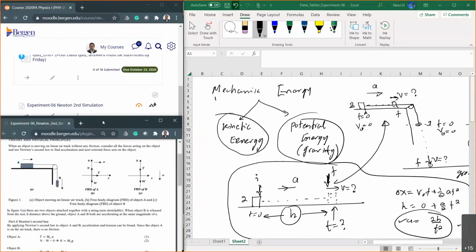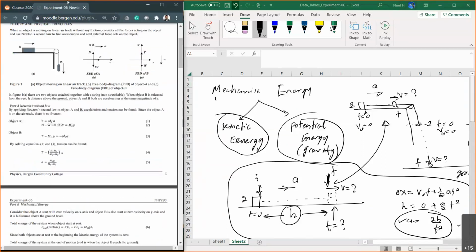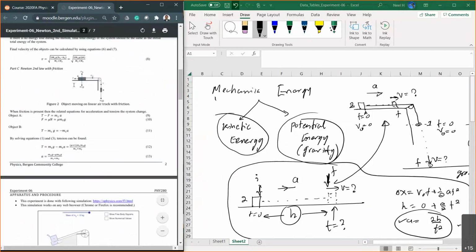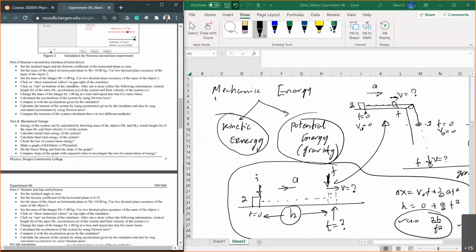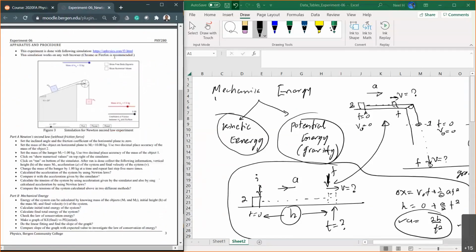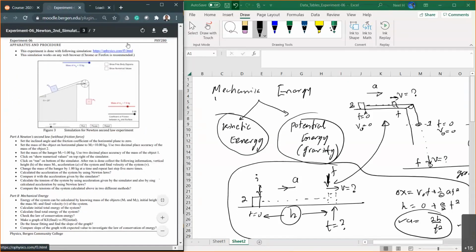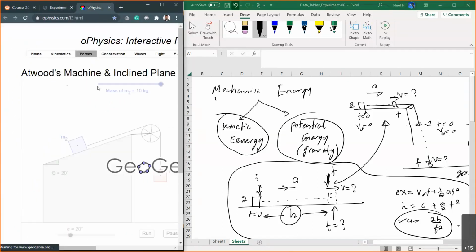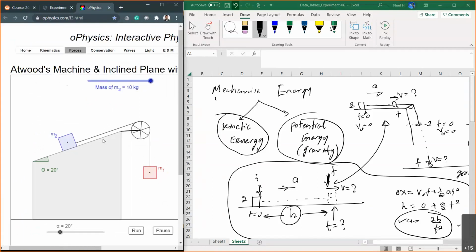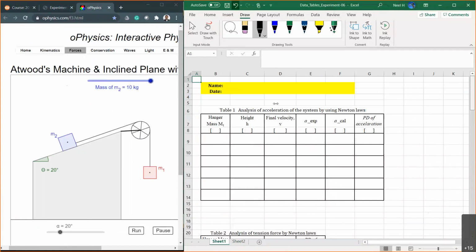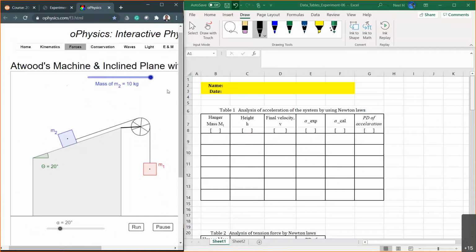There should be a link on your lab manual, page number 3, at the very top. You click on that, and that will bring you to the simulator page. Okay, now that's the simulator page.